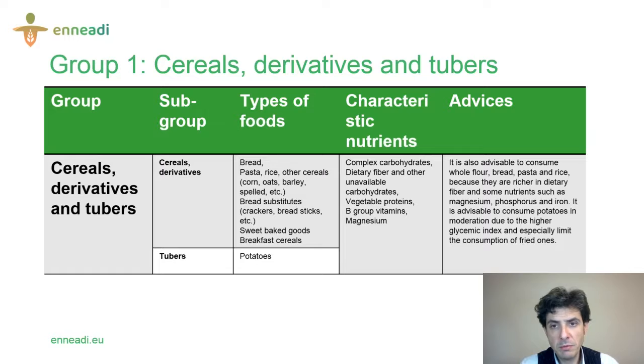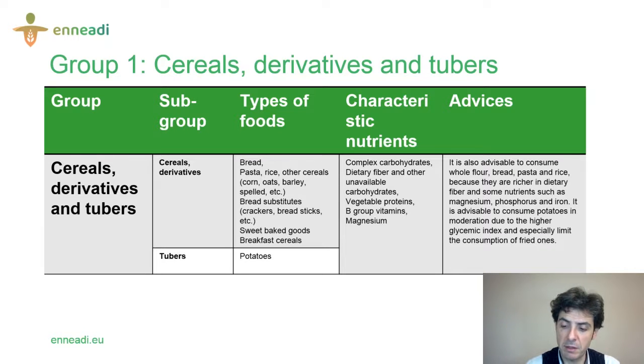The common characteristic of the two subgroups is the presence of complex carbohydrates, as we mentioned before, but also some dietary fiber and vitamins from the group B.